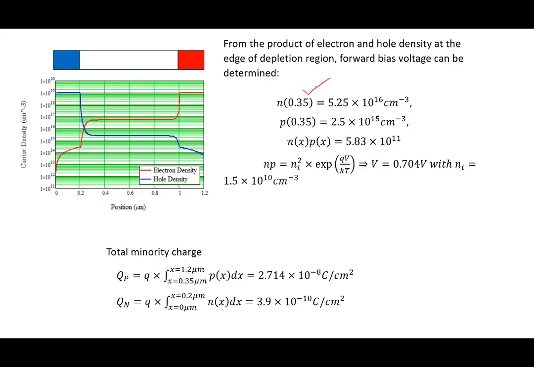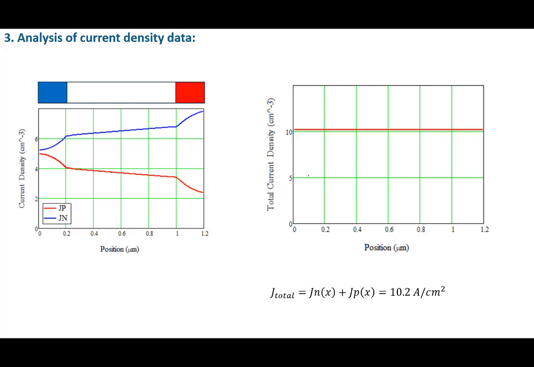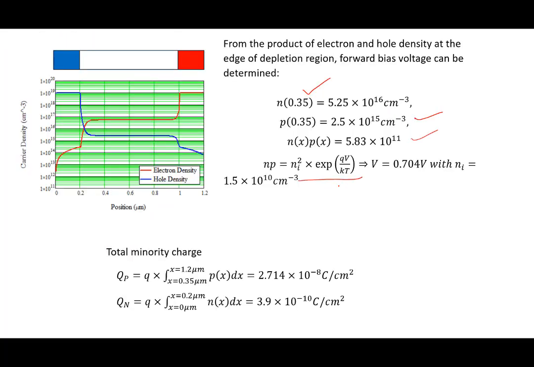If I multiply them together, I get NP, and NP is Ni squared e to the power QV by KT. I get V equal to 0.7 volt here, taking Ni equal to 1.5 times 10 to the power 10 or 1.4 times 10 to the power 10. So that's one way of evaluating, because you know the carrier density at the edge.